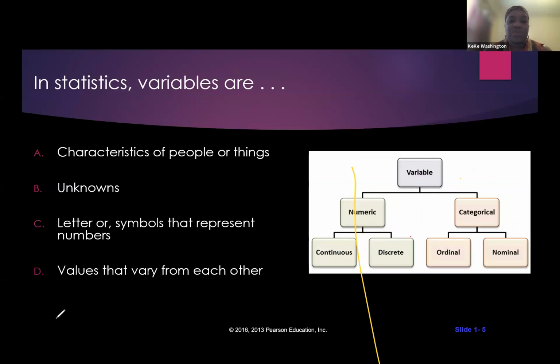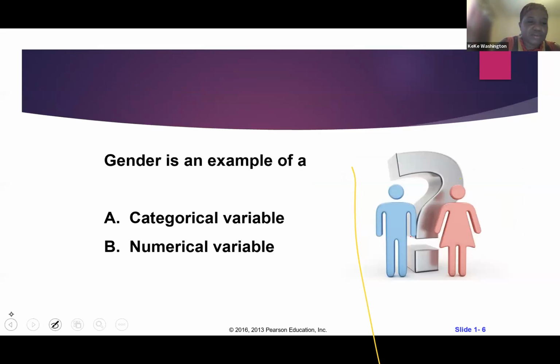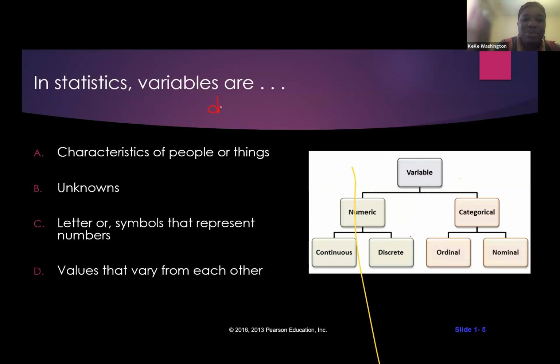The next one was variation. Variation is the next one of the two most important concepts in statistics. Variation says differences. Every time you see the word variation, I want you to think differences.